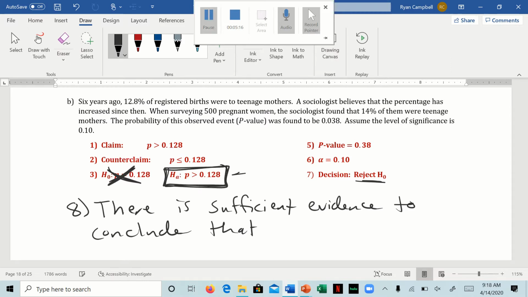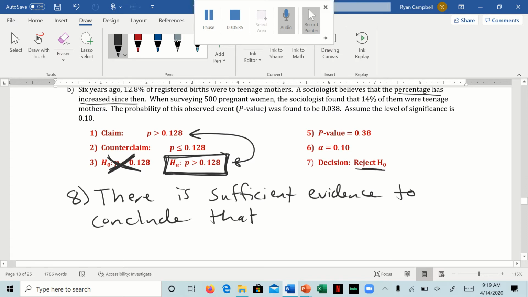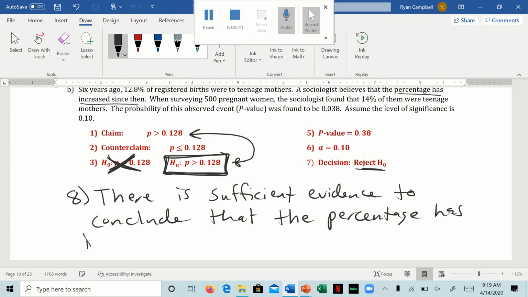So what was there enough evidence to conclude? Well, again, if we look at it, right, the alternative and the claim are the exact same in this case. So we can conclude the claim. What was the claim? The percentage has increased since then. So there is enough evidence to conclude that the percentage has increased since then.